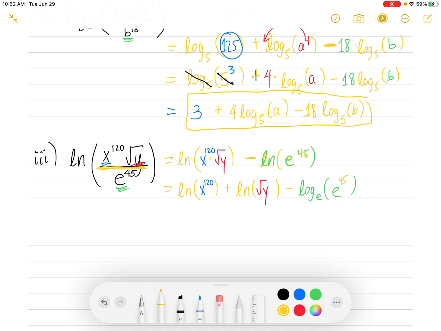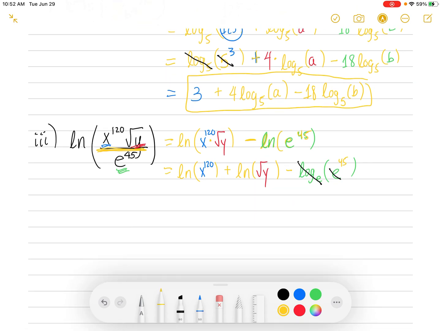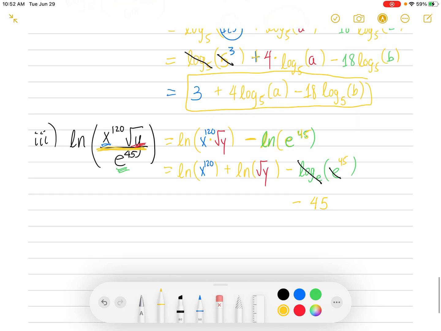Okay, minus, now remember the natural log is the same thing as log base e, right? I'm going to have e to the 45 power. So the log base e cancels with the exponential base e, and on the end I'm going to end up with a minus 45.